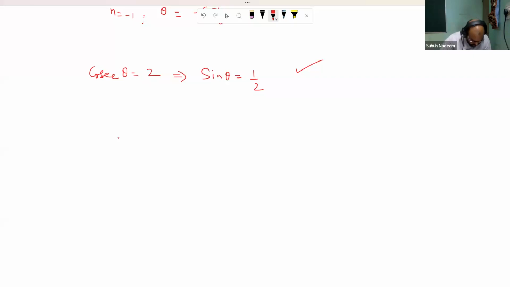JEE previous year questions. For example, there is a question of previous year.